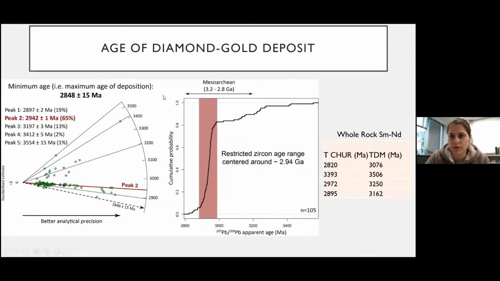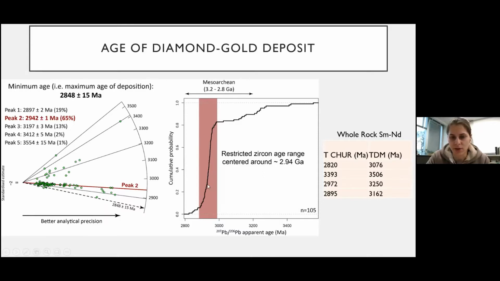A batch of 233 zircons were analyzed for uranium-lead by laser ablation ICP-MS. Of these 233 zircons, the near-concordant and concordant analyses are plotted on these graphs. They fall within the 95 to 105% bracket of the Concordia line. As you can see, the youngest age is 2,848 million years, but we have a main peak at about 2.94 billion years.